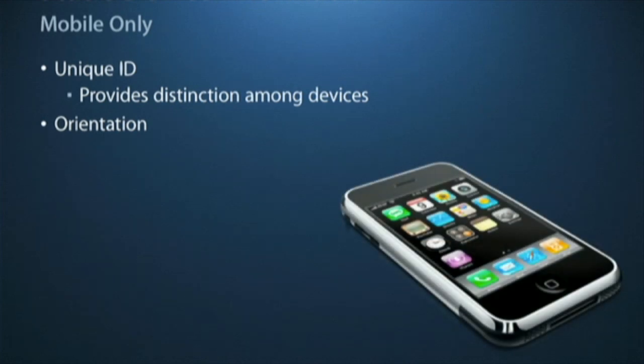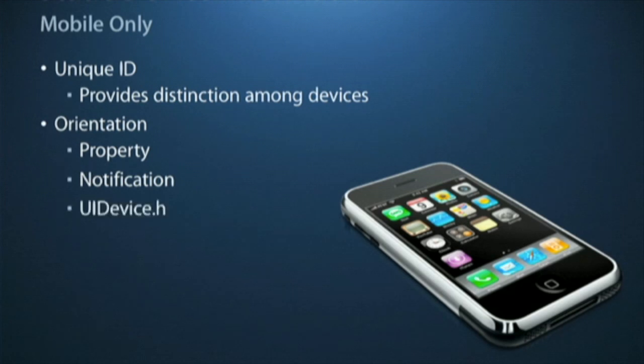On iPhone and iPod Touch, you can get the current orientation of the device by querying the orientation property, or you can register to receive the UIDeviceOrientationDidChange notification, and your code will be alerted when the orientation changes. Now I realize that the last point here about the notification kind of breaks with the theme of static device information, but I wanted to mention it here because all of the information I just talked about and the properties that you can use to access that information are all in the same header file, which is UIDevice.h.